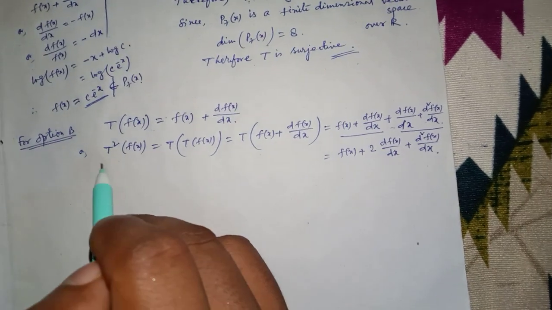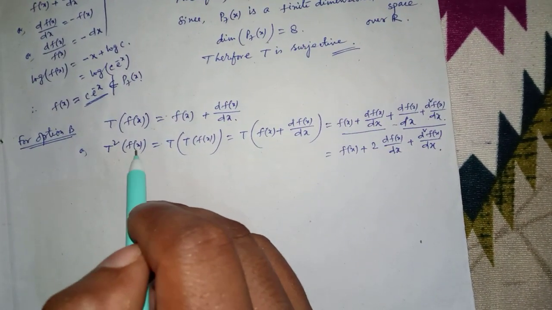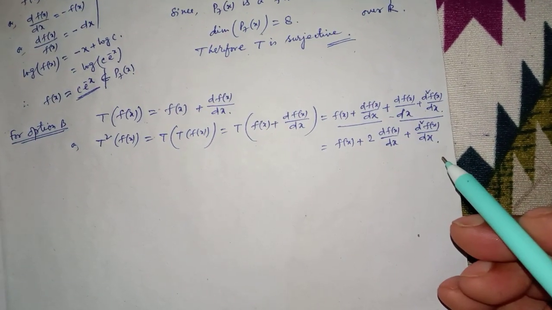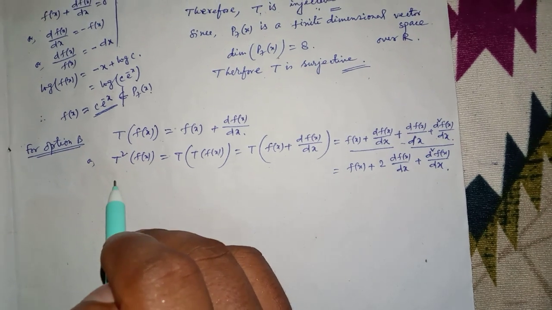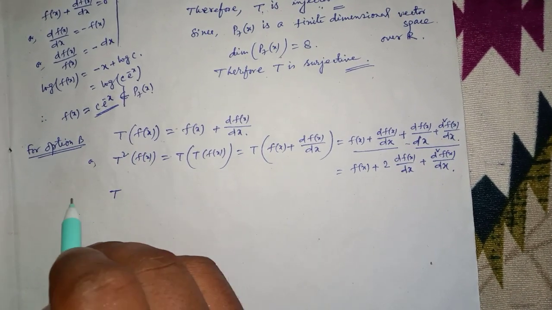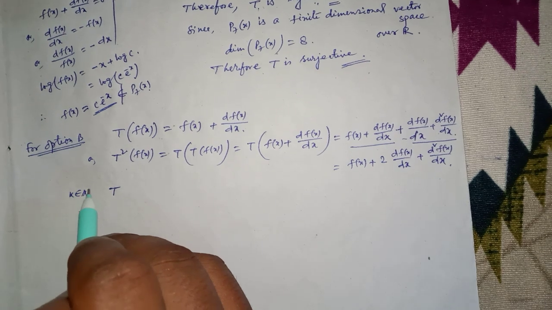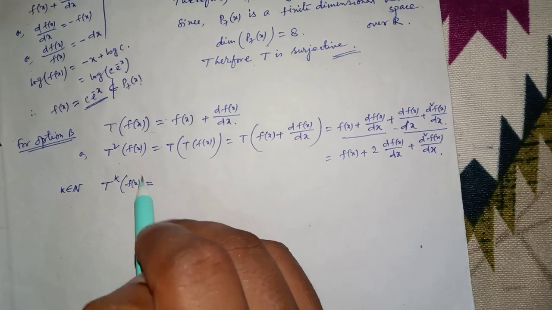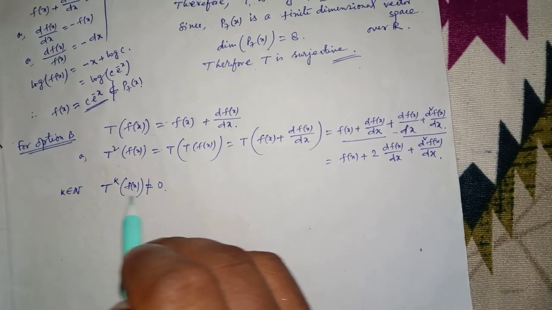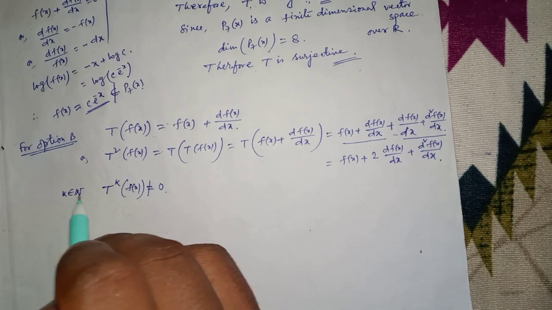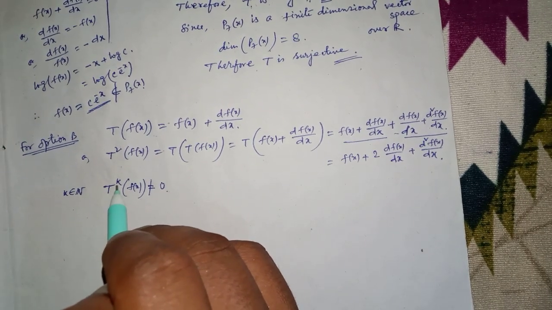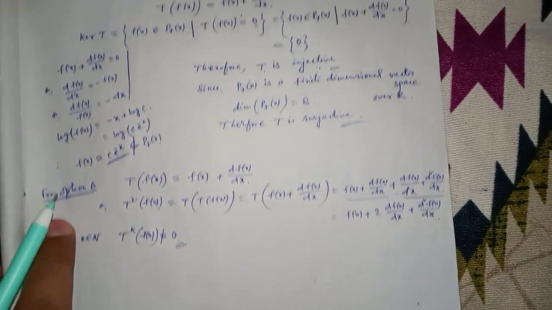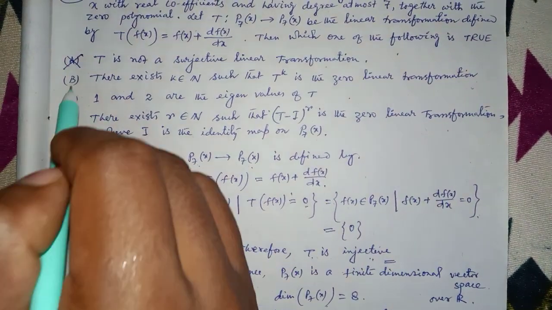Similarly, if we find T cubed of f(x), we get another polynomial. Therefore we cannot find a natural number k such that T^k f(x) is 0. So T^k f(x) is not equal to 0. Therefore option B is also false.